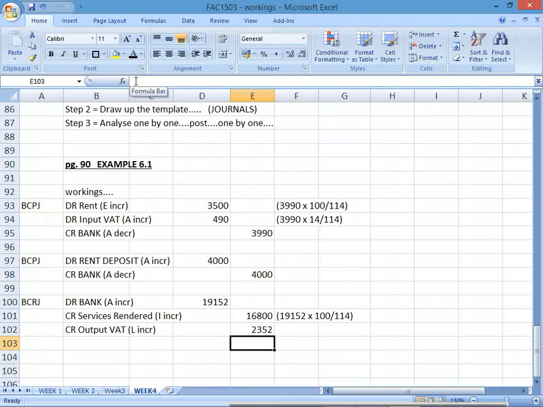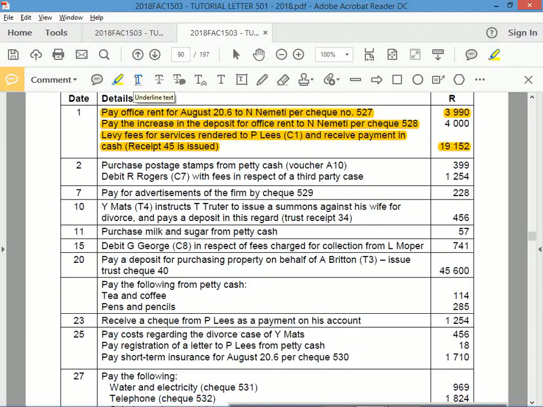You either understand what this transaction is saying or you don't. That's the hardest part: do you understand what that is describing? Is it describing a receipt or a payment? Is it describing something for the client or for the business? That's the challenge that you guys are going to have in answering questions in the exam or in the assignments. Right, let's do another one.